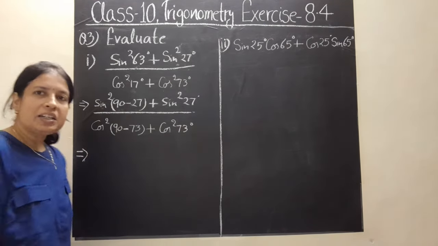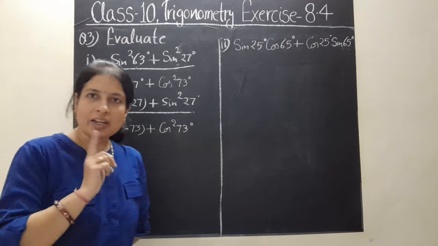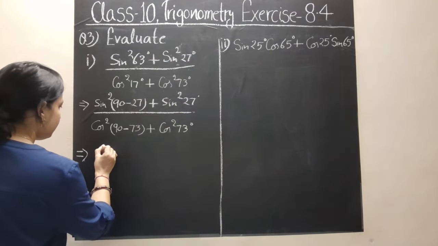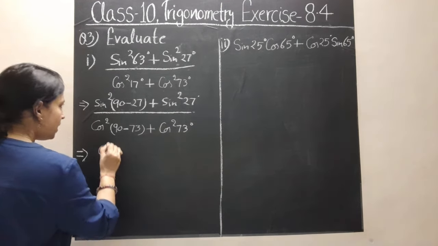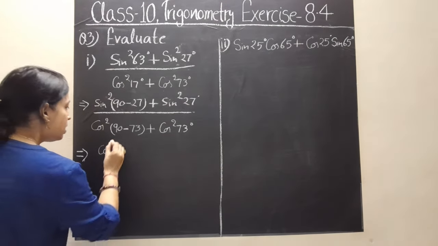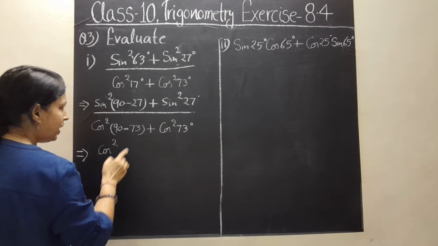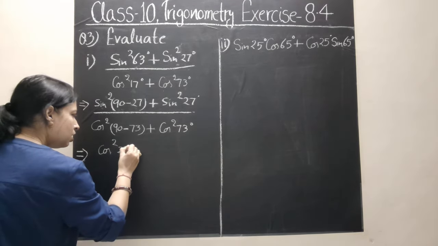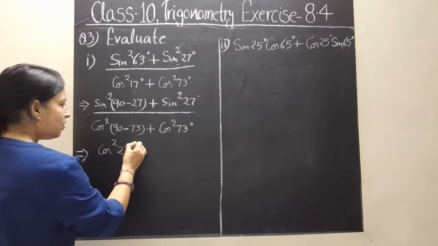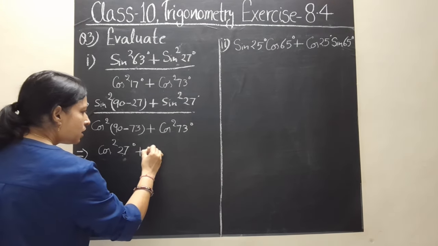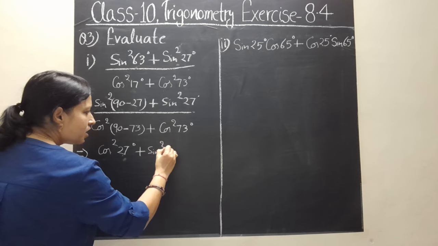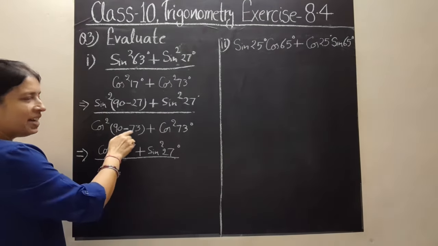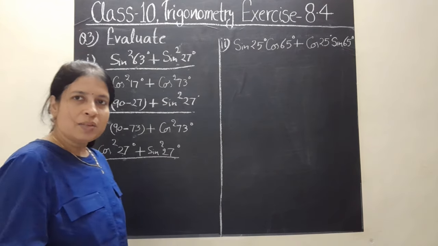Then sin 90 minus A is equal to cos A. So right here, it is given square, so it comes cos square A. In place of A write 27. So this will be cos square 27 degree plus sin square 27 degree, divided by cos 90 minus A. What is cos 90 minus A?